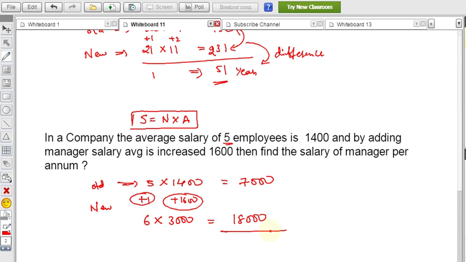Now their difference: highest minus lowest, the difference is 11,000, because 18,000 minus 7,000 is 11,000. Find the salary of the manager per annum. So for any question, by taking the difference, we'll get this. If they asked for a month, then again you can divide by 12. So similar problems.